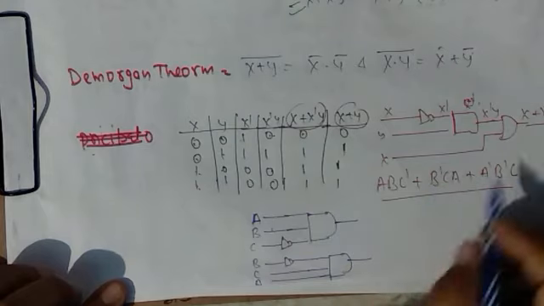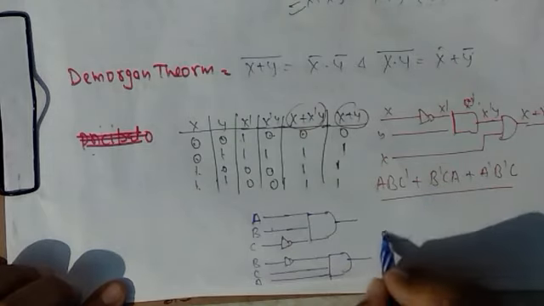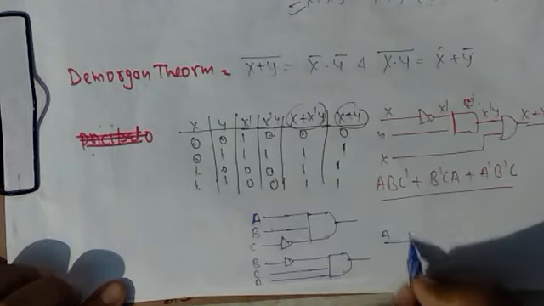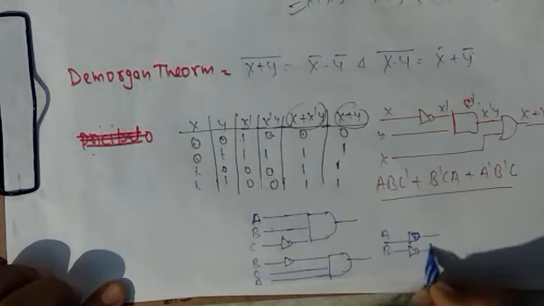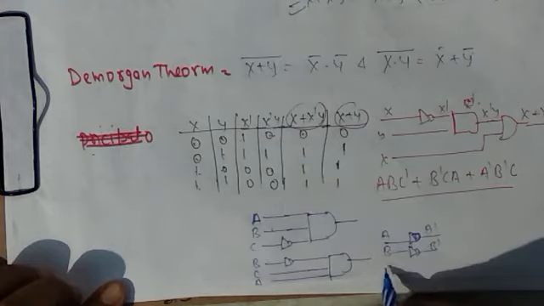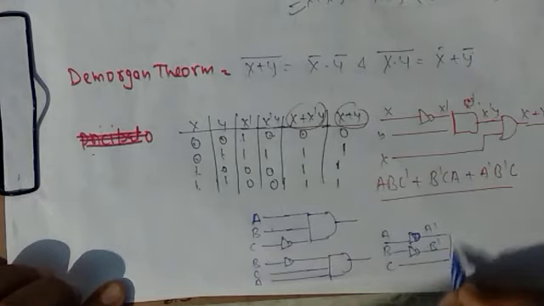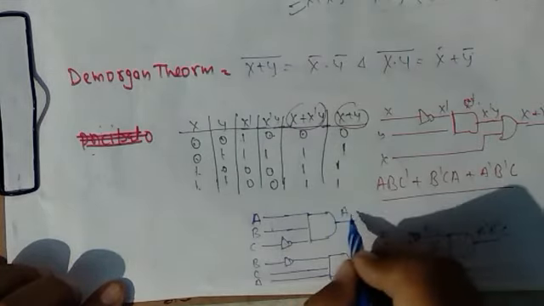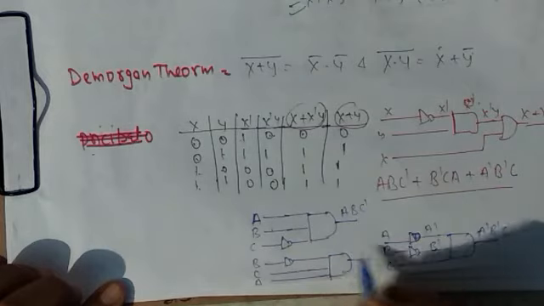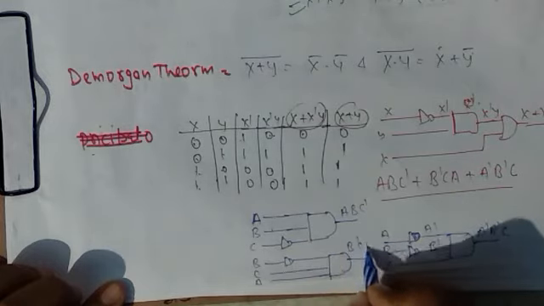And here it is a bar b bar c. This is a and this is a bar, this is b and this is b bar, and this is c. I conclude with AND, so this is a bar b bar c, this is a b c bar, this is b bar c a.